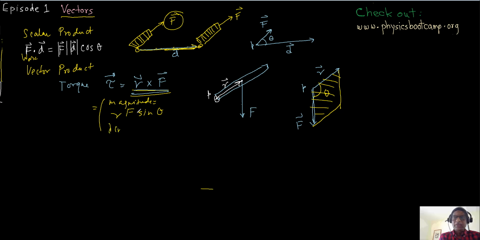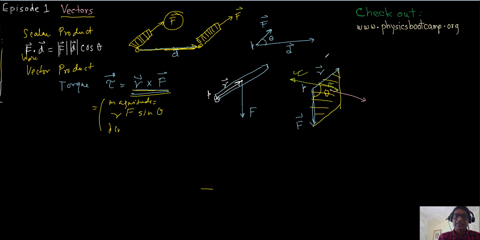What's the direction? Well, we already know this is in this plane, so it's going to be either this way or back that way. These are 90 degrees to that plane. Okay, so which way is it? So we use the right-hand rule, go from r to F, and it seems like this way.